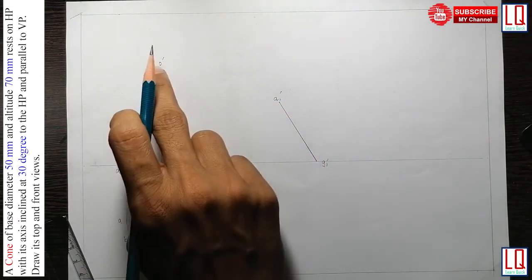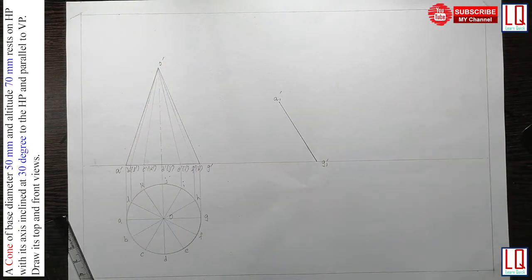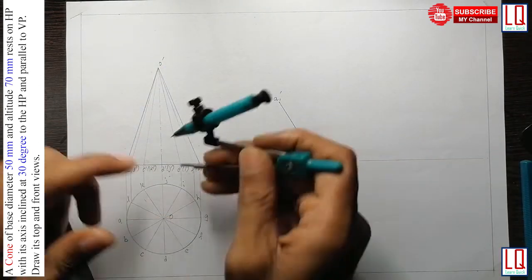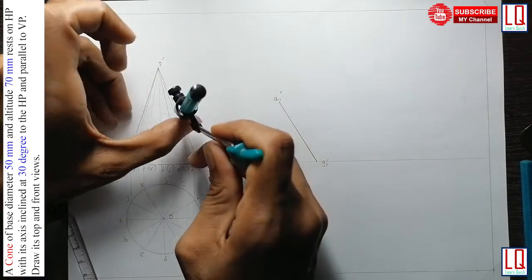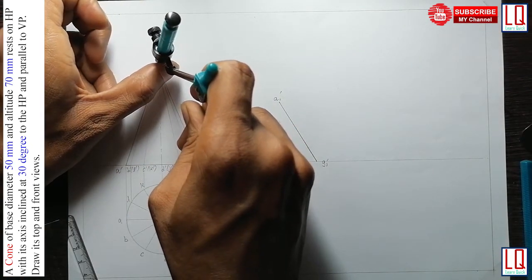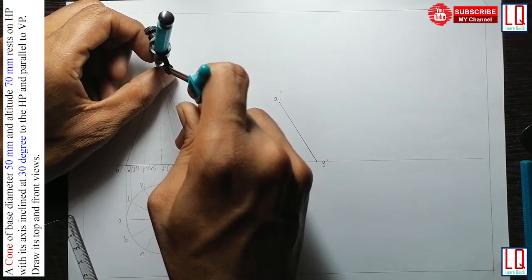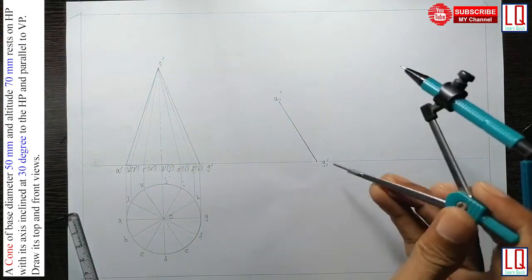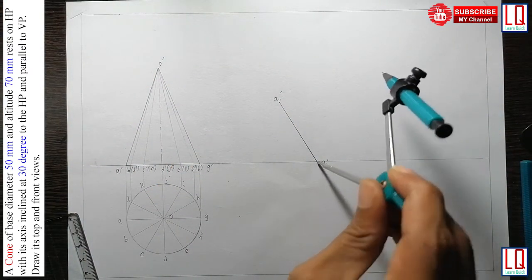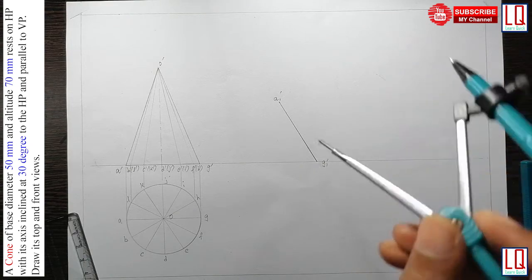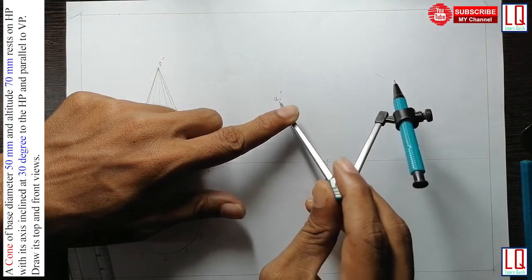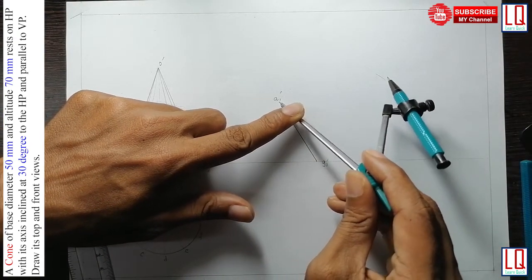Now it's time to find O dash. Again I use my compass, measure the generator O dash G dash, and from G dash make an arc, and also from A1 make an arc.